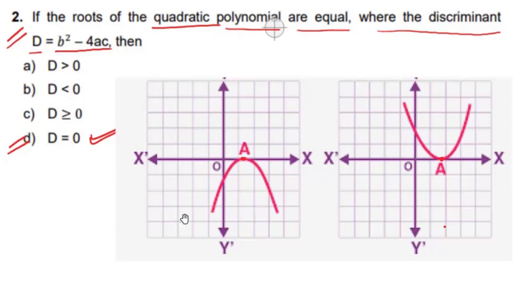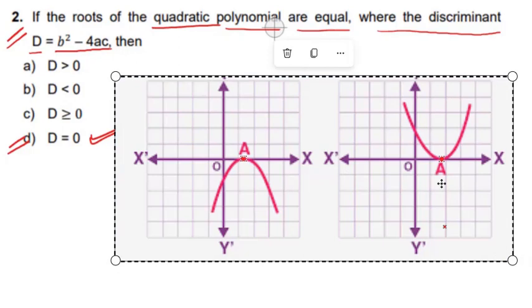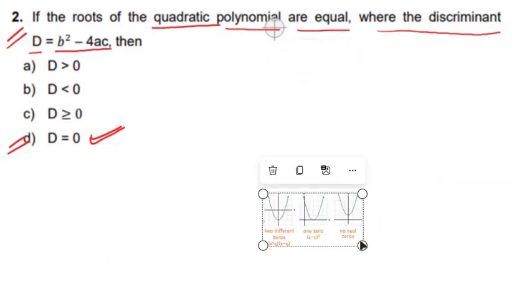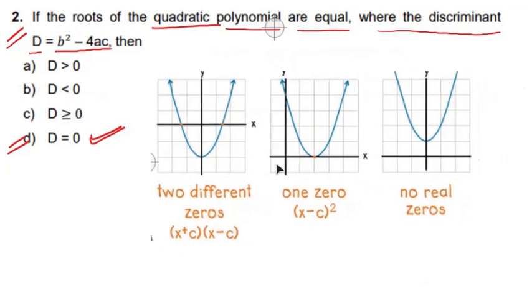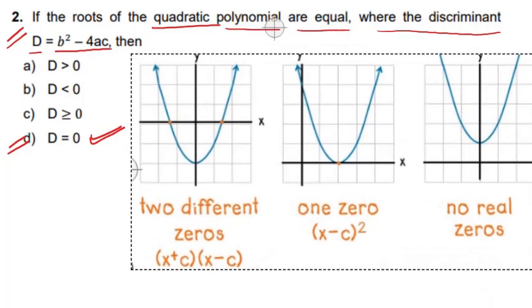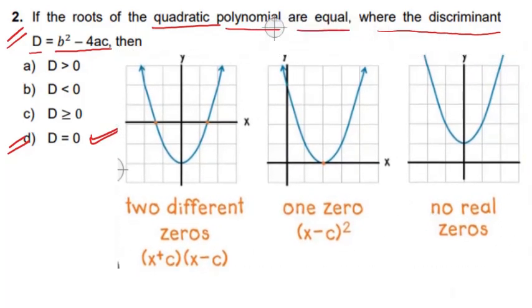Now here you can see in the second image, both the zeros are equal, then the polynomial gets this shape. Here both the zeros are equal, they both are the same, and in this case d is equal to 0. D is b square minus 4ac. Here in this polynomial there are two zeros.